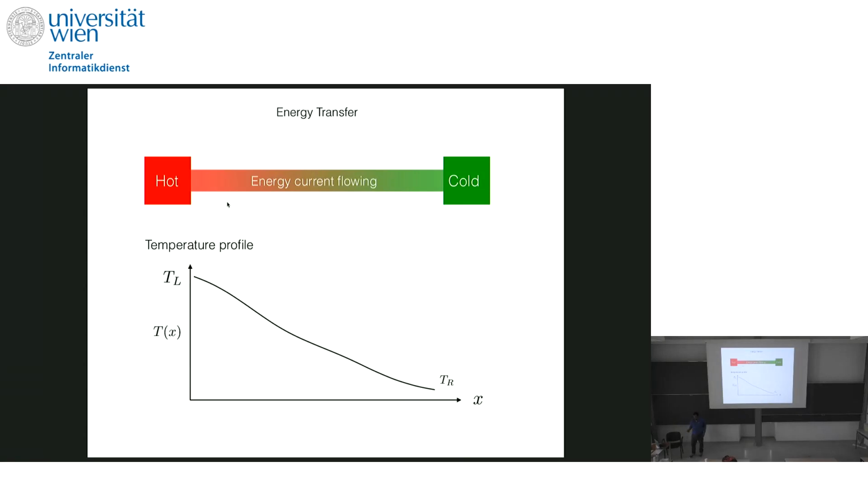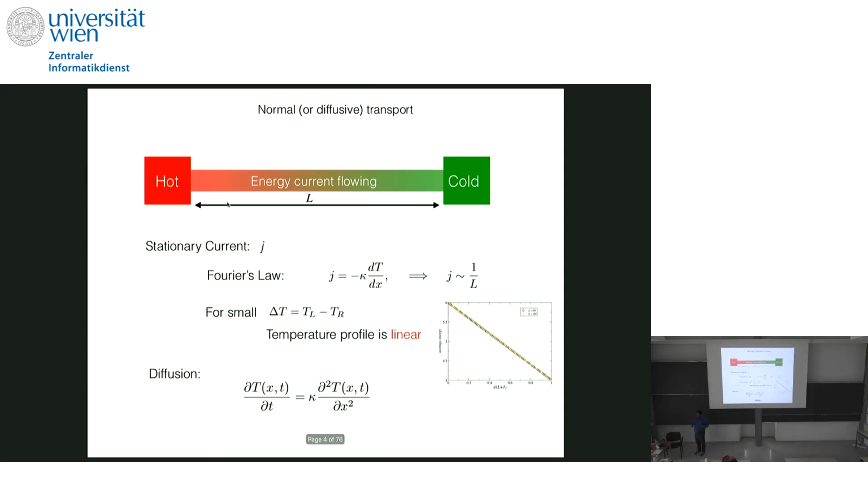After a long time, the system reaches a stationary state where the current and the temperature profile are related by a phenomenological law, Fourier's law, which says that the current is proportional to the temperature gradient. The proportionality constant is called the thermal conductivity, which is independent of the size of the system and depends on material properties, temperature and other properties.